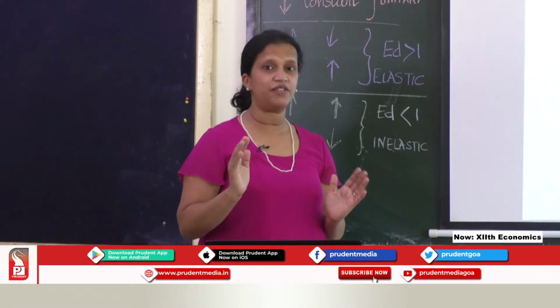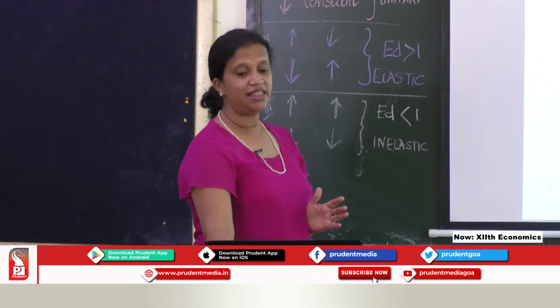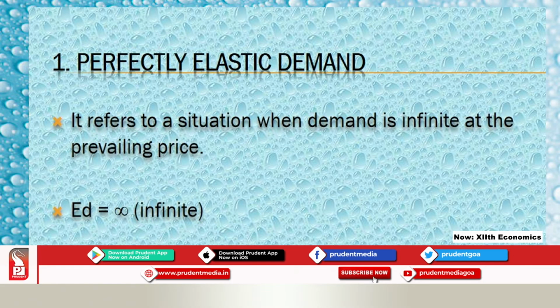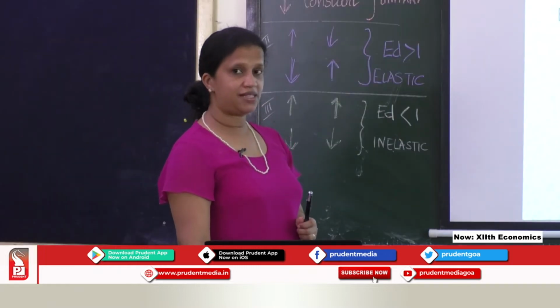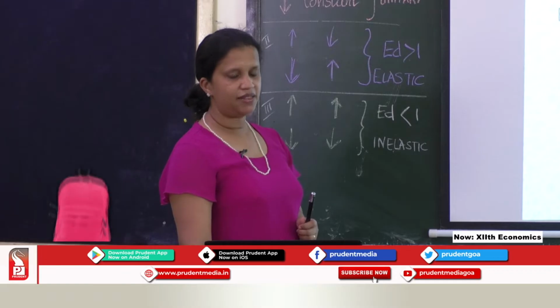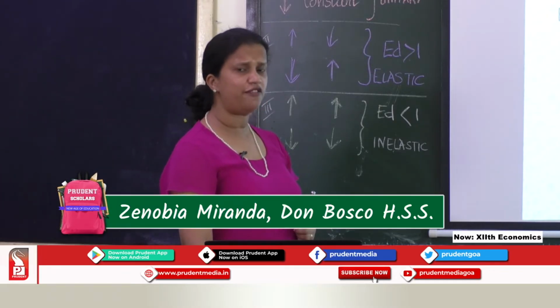Therefore, since here we are talking about an infinite quantity that is being demanded, the value of ED will always be infinity as represented by this symbol, right. Now, how will the demand curve be in this case? In this case, the demand curve will be such that, remember, quantity demanded has to be infinite.